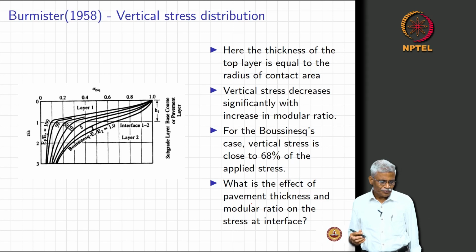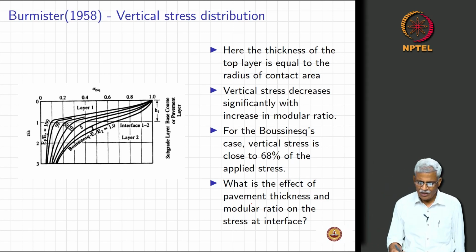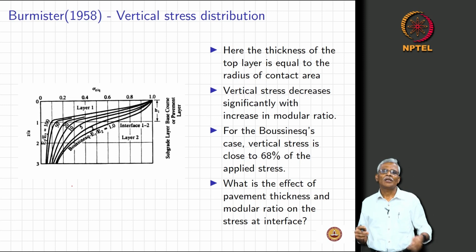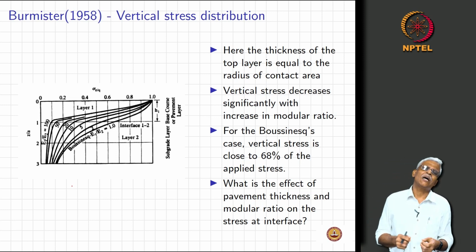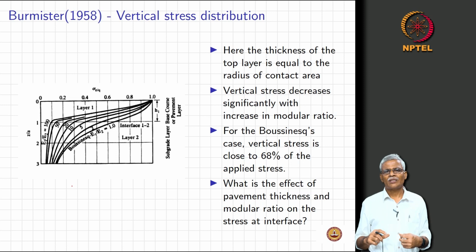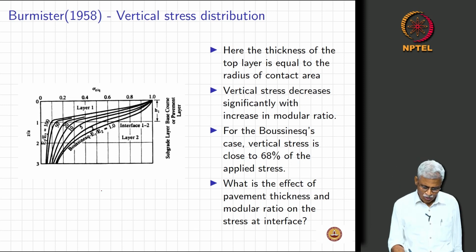Okay. So, if you see the vertical stress distribution, there are some examples given here, and interestingly you will see that henceforth, especially when you are using some of these charts to compute the stresses and strains, we will always be writing in terms of E1 by E2.